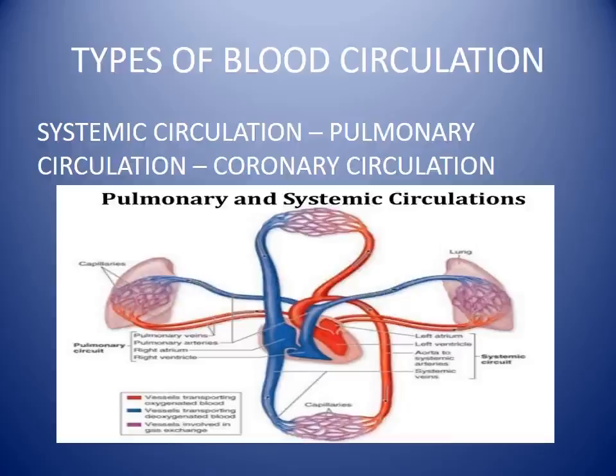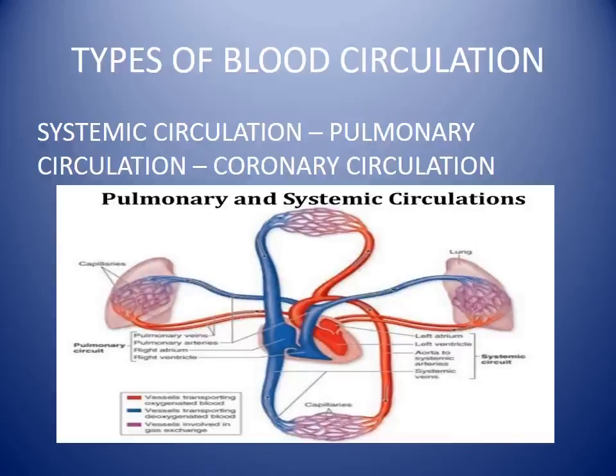From the aorta, taking the oxygenated blood, and after collecting deoxygenated blood, it gives it to the right atrium. That is coronary circulation. Have you understood, everybody?